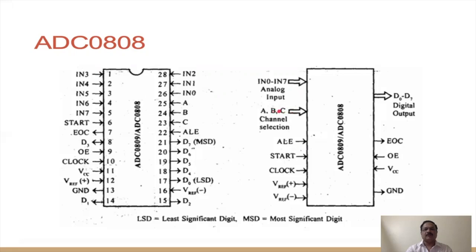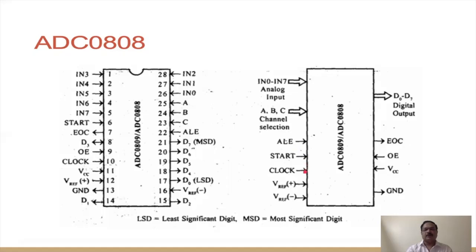Depending on the status of the A, B, C inputs, one channel out of the 8 gets selected. ALE is used for latching purposes, and there is an input to the A to D converter to start the conversion. Whenever you want to give the start command, this signal should go high.